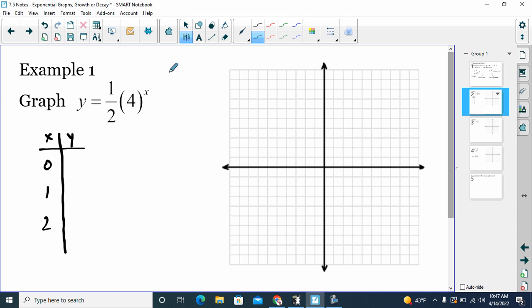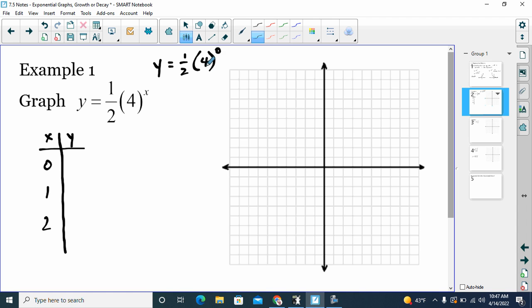So if I plug 0 in for my x, my equation would say y equals 1/2 times 4 to the 0 power. Order of operations, remember, our parentheses first. In parentheses, I've just got a 4. And then we do exponents. So the next thing I do is 4 to the 0 power.